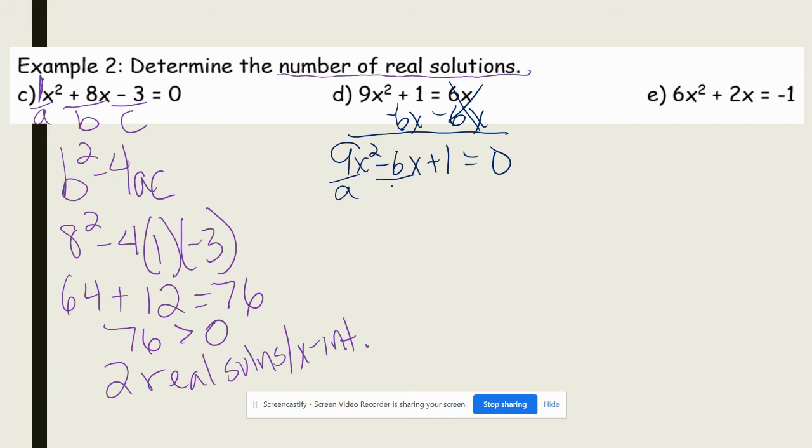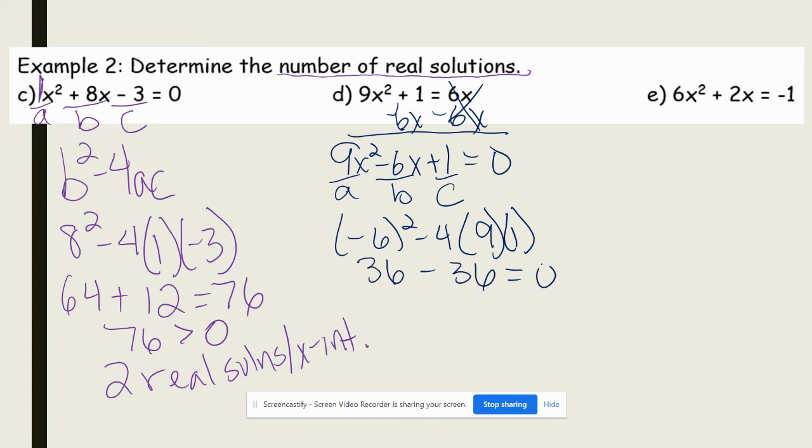We have A, B, and C. B squared minus 4AC is 36 minus 36, which is 0. 0 equals 0, so that means there's 1 real solution or x-intercept. We don't know what it is. It's not necessarily 0, but we know that there's only going to be 1.